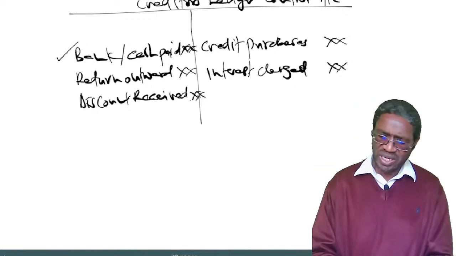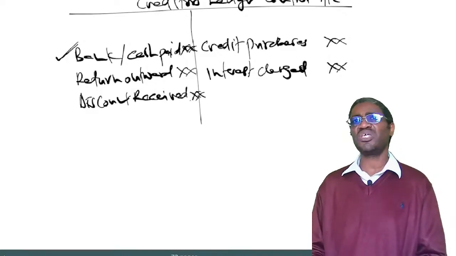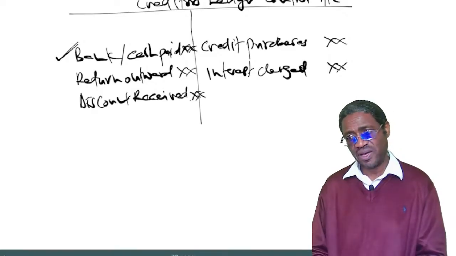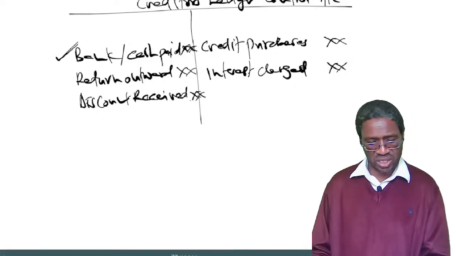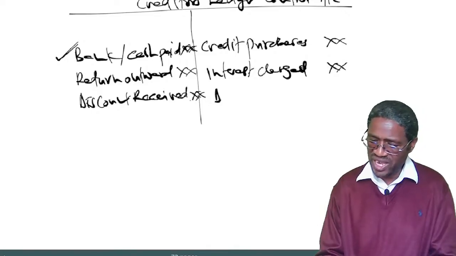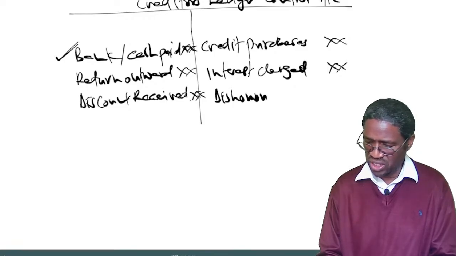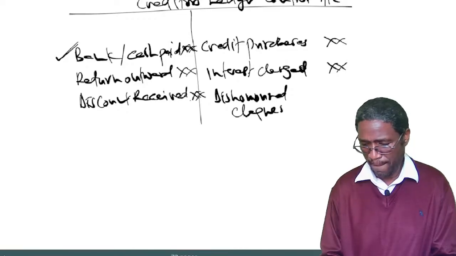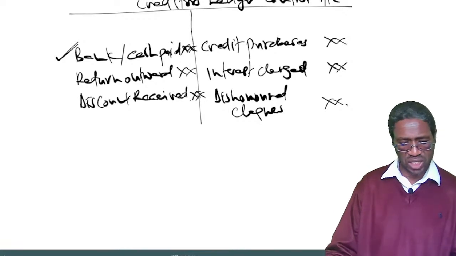Because when you debited Kamau as a creditor, you showed like you have paid him and are reducing the amount you owe. But have you actually paid him? No, because the check became dishonored. Therefore, any dishonored checks should be credited. Okay?